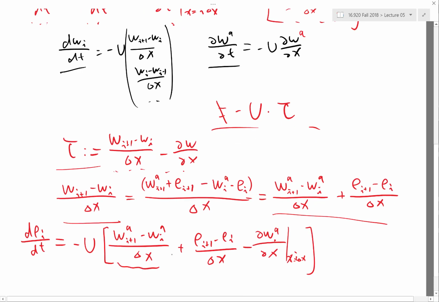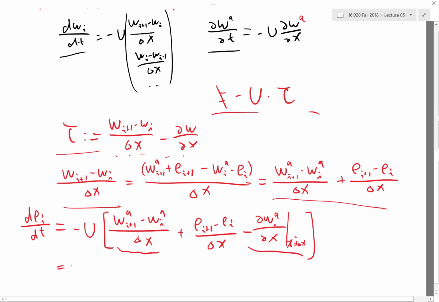This and this together is the truncation error, because now I'm applying different differential operators, analytical and numerical, to the same function. So now I write it as minus u times the numerical differential operator operated on the error, plus tau. Does it make sense?